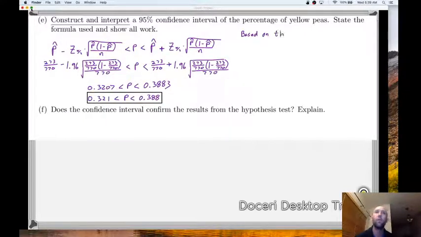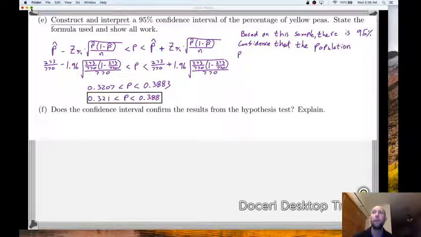And so we can now interpret our confidence interval. Based on this sample, there is 95% confidence that the population proportion of yellow P offspring is between these two values.